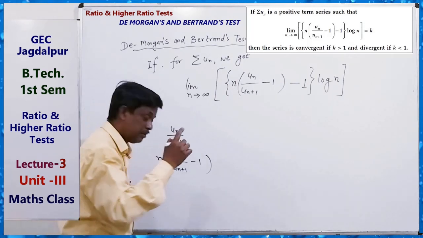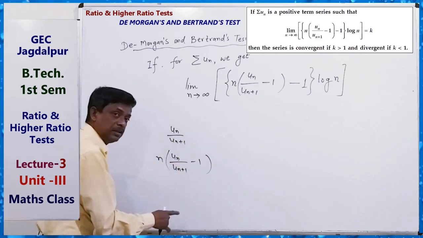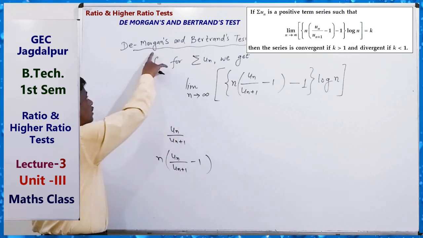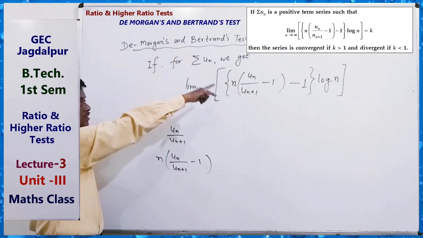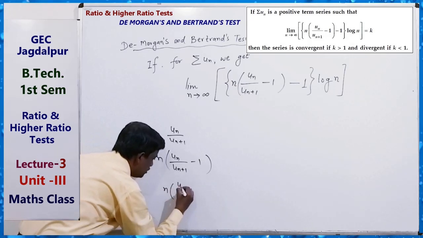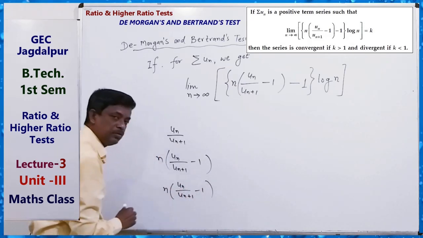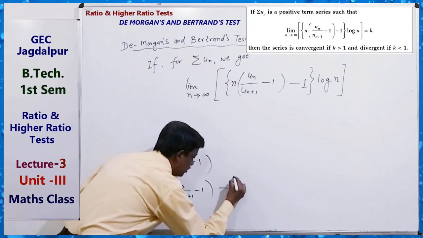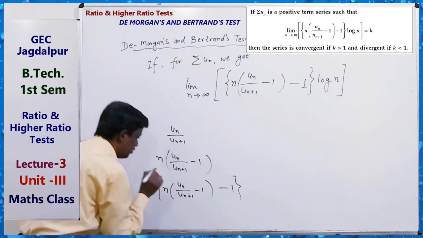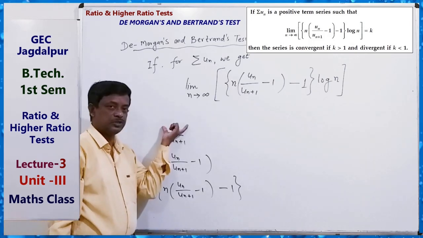And now again, if ratio test fails, Raabe's test fails, then again you can use this test. Just subtract here from here: un upon un plus 1 minus 1. This is the value minus 1. First of all, ratio test.